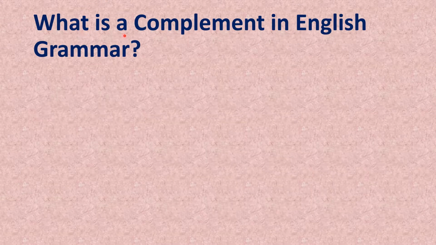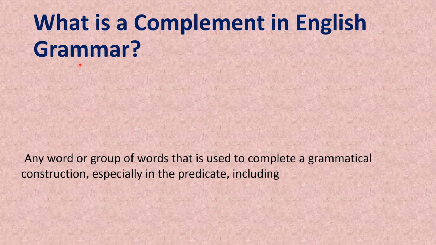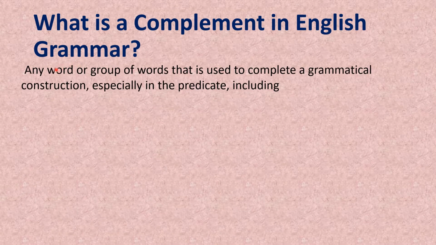Let's talk about the complement in English grammar, its definition as well as examples. Any word or group of words that is used to complete a grammatical construction, especially in the predicate, including objects, adverbials, and infinitives, is known as complement in English grammar.